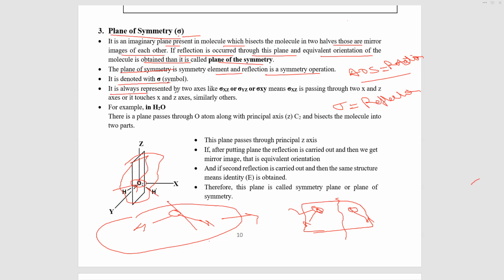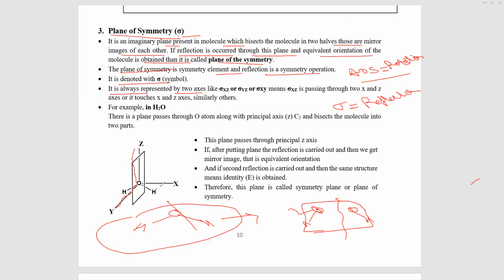It is always represented by two axes. For example, this plane in this structure, just a minute, let me erase this. Okay, so in this structure, this plane is along the z and y direction. This is y and this is z.